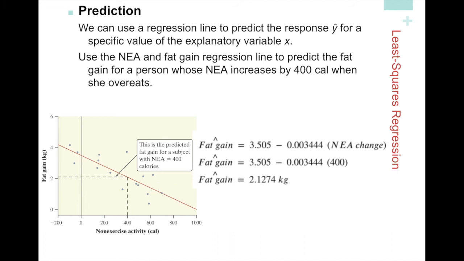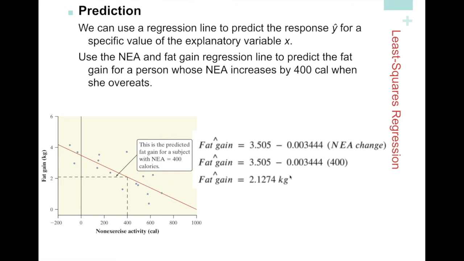To answer that, you simply plug 400 into our prediction equation. The predicted fat gain is equal to 3.505 minus our slope, 0.003444, times 400. And what do we get? We get a predicted fat gain of 2.1274 kilograms.